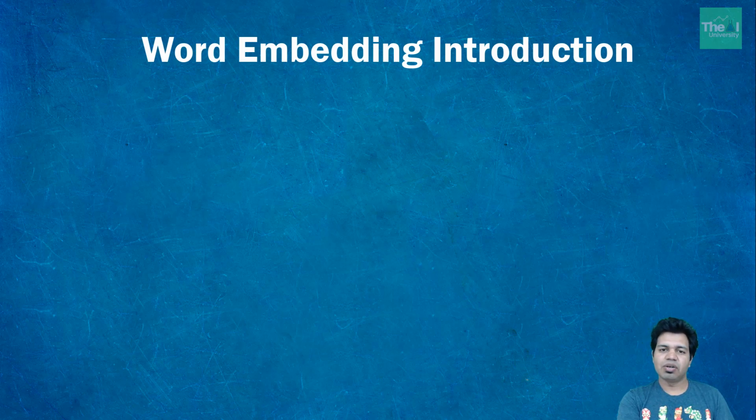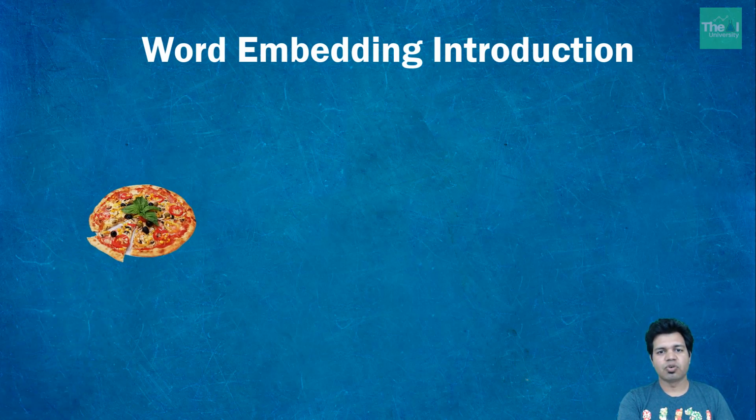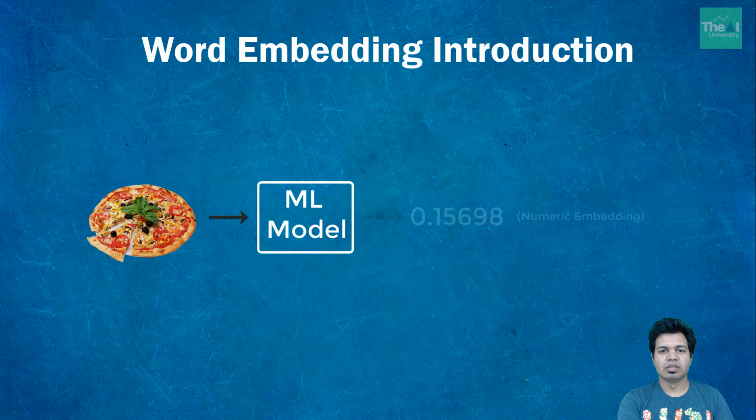It is generally trained on a large corpus of text data. Once the model is fed this large corpus, it becomes ready to accept new words and spit out word embeddings for those words. It will accept a word, let's say pizza, and then generate a numeric embedding for it. This numeric embedding also captures the meaning of the word pizza.